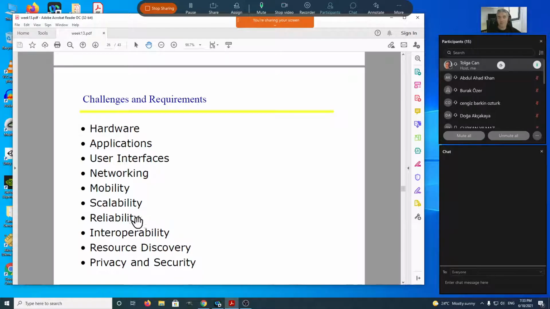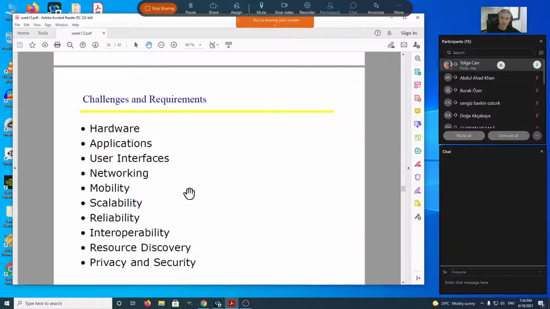There are issues of reliability and mobility, and networking is really developing well these days, especially with wide area networks or 5G networks. The technology is developing at a really good pace into something that is usable.